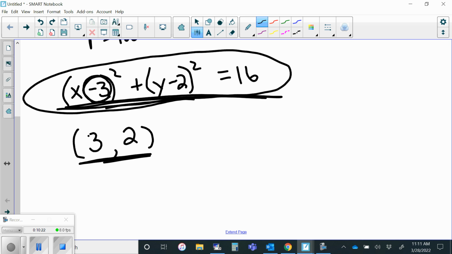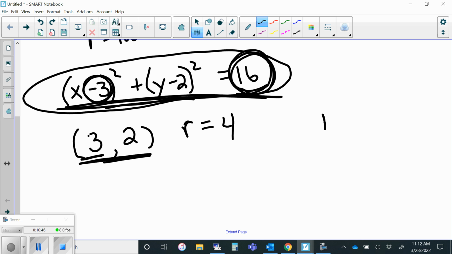So if it's -3 here, what did I do when I put it down here? It became a 3, right? What is my radius for this one? No. The radius squared is 16. So what do I have to do to that? Square root it, which is 4.